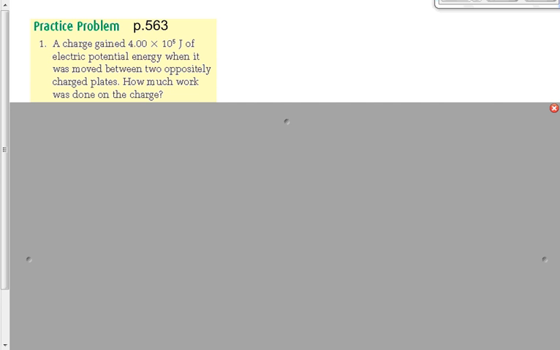Okay, a couple more terms here. Let's talk about potential energy between parallel plates now and the movement of these charges between parallel plates. The work done as a charge moves between parallel plates across this electric field.